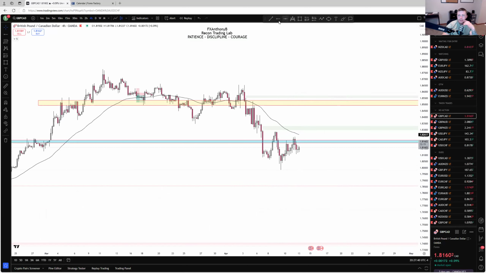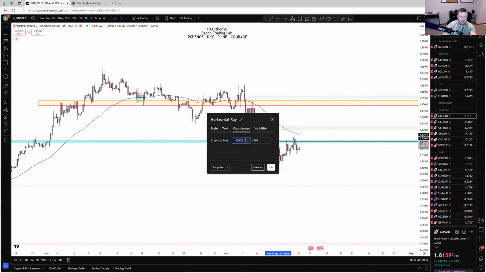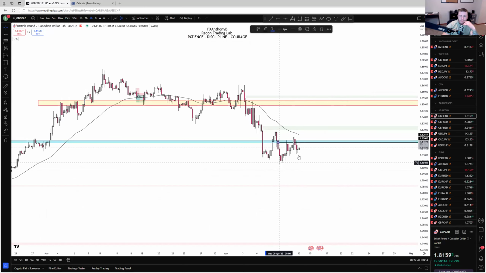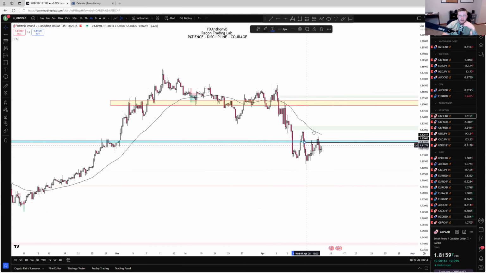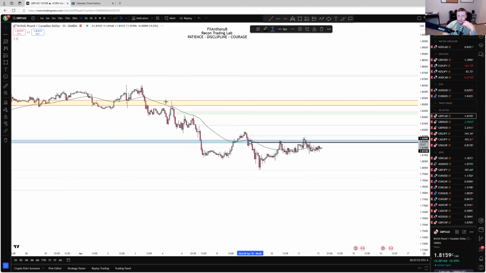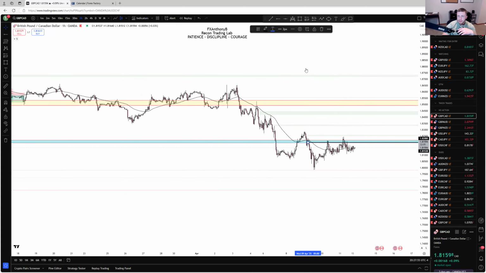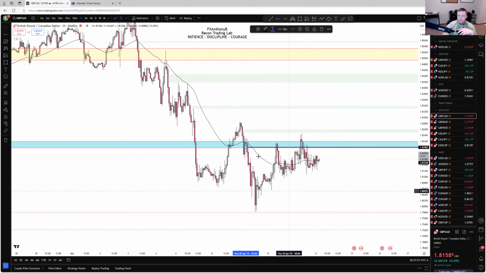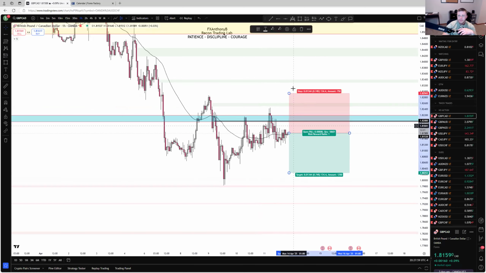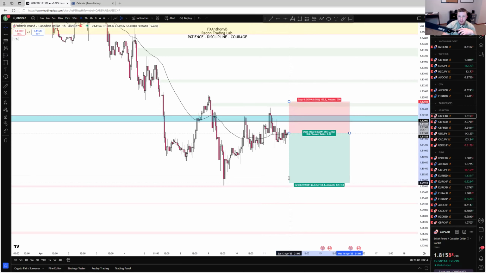Ooh, okay, okay. On psych level there. Left head, right shoulder on the 4 hour potential, 1 hour. Left head, right shoulder potential. Just going off of patterns and structure.